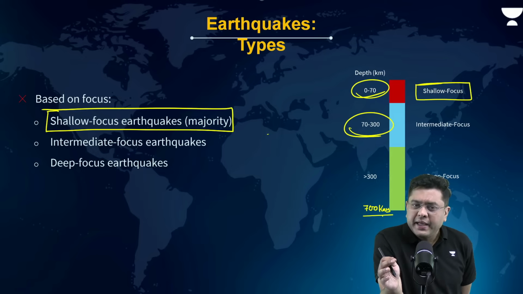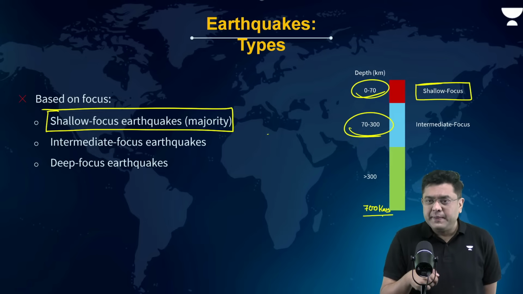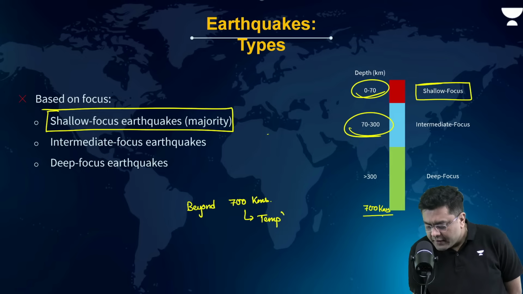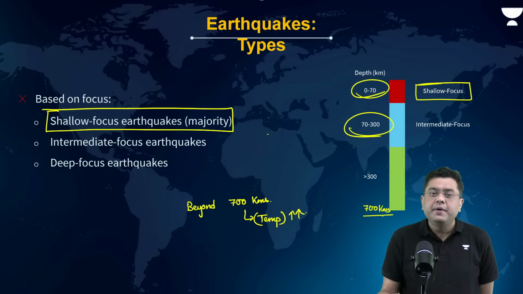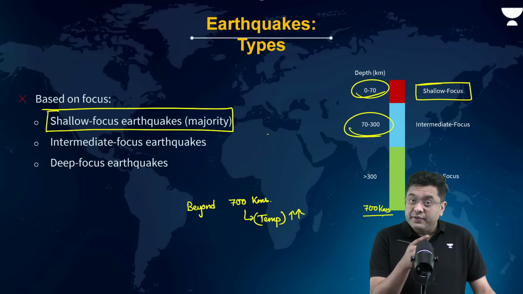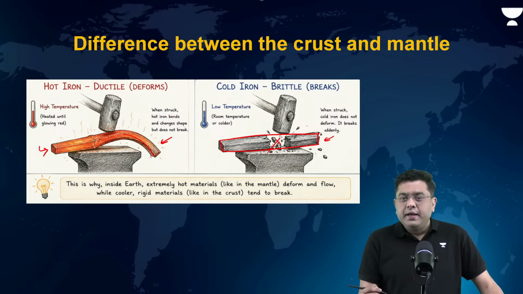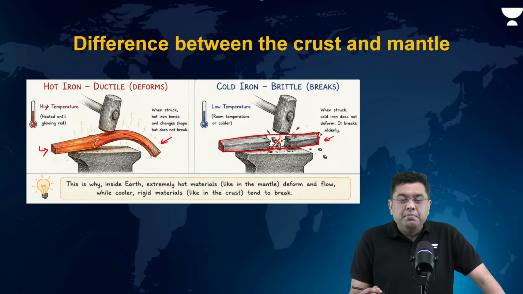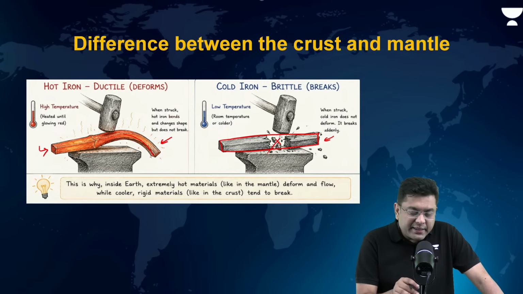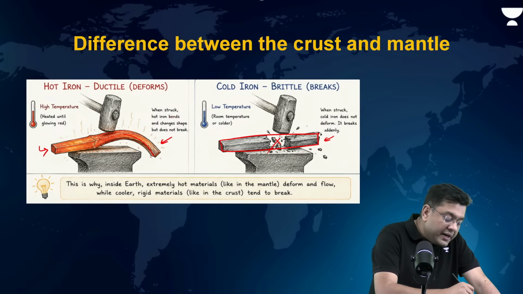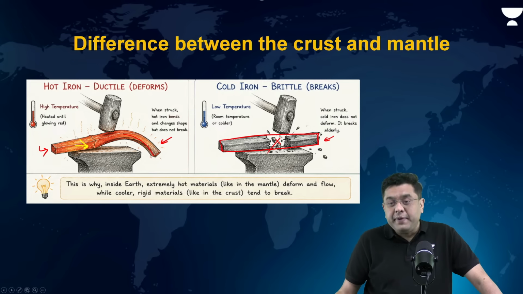The reason being, as you move into greater depth, temperature increases, right? So beyond 700 kilometers, temperature increases. Remember this particular aspect that we talked about: if the temperature is high, materials will get deformed rather than break. So if the temperature gets very, very high, materials will get deformed, they will not break.